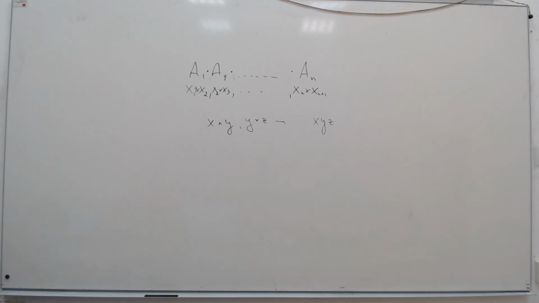We have to define some variable, let's say k, between two matrices and calculate this multiplication step by step.